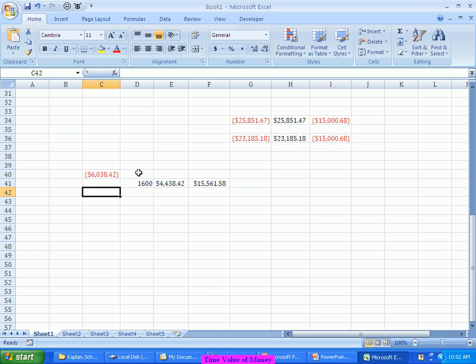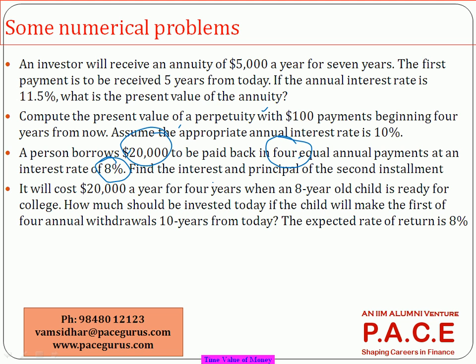So at the end of 1 year, your principal that is left is 15,561 only. So if the question is to find the interest and the principal for the first installment, you will say the interest is 1,600, principal is 4,400. Out of whatever EMI you are paying, the interest component is 1,600, the principal component is 4,400. But the question is about the second installment.